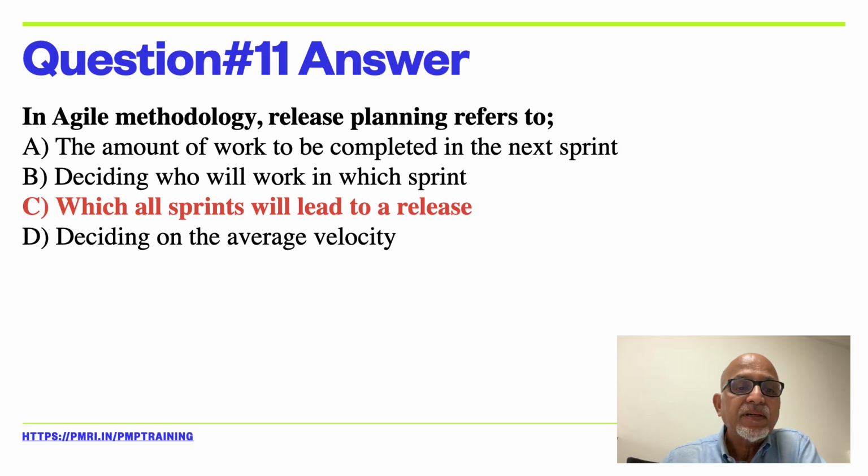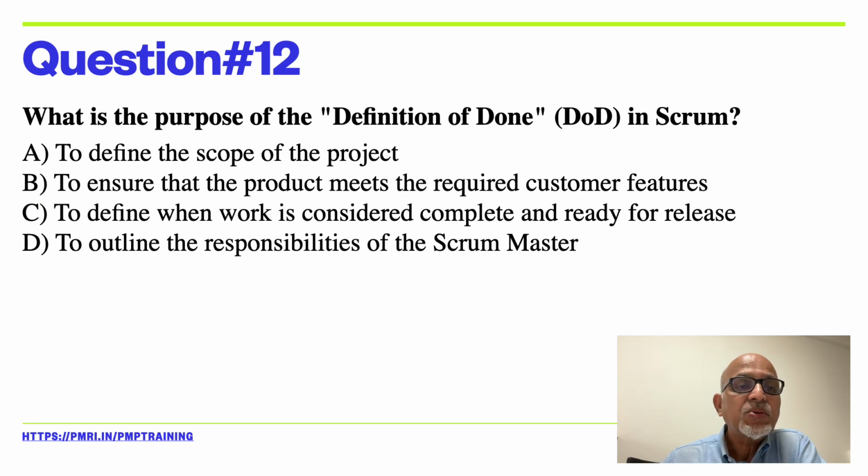Let us move to the next question, question number 12. What is the purpose of the definition of done in Scrum? It is also known as DOD, or the definition of done. Option A, to define the scope of the project. Option B, to ensure that the product meets the required customer features.